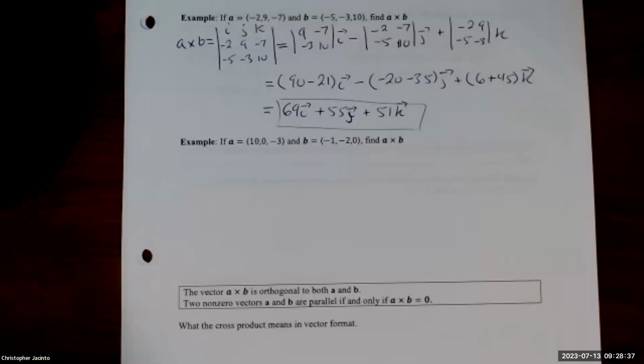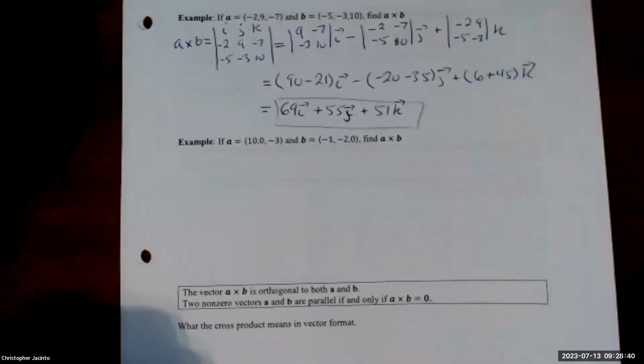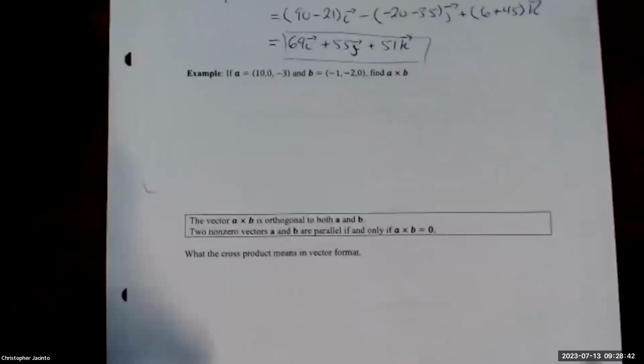Again, just for practice's sake, we'll do one more, to get you really comfortable with the cross product.